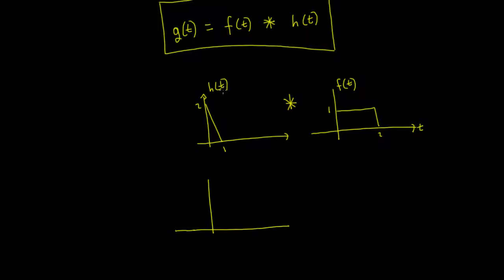Tau still has units of time, but it's just a dummy variable. Flipping h of t on the axis makes it h of minus t, and we change the variable to tau, so we end up with h of minus tau.